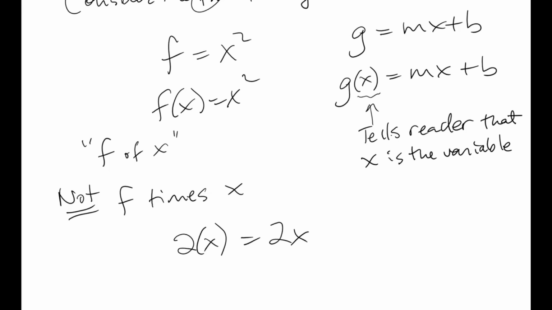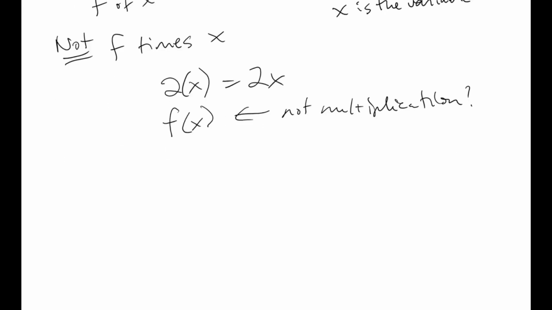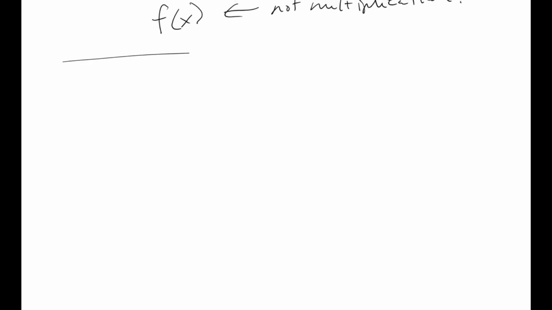But if you put a letter in front of it, like if you know it's a function, this is not times, okay? So not multiplication. All right, so anyway, that's notation.